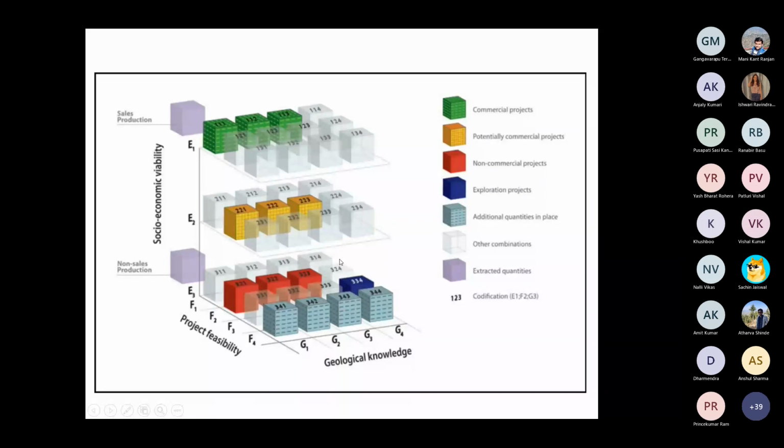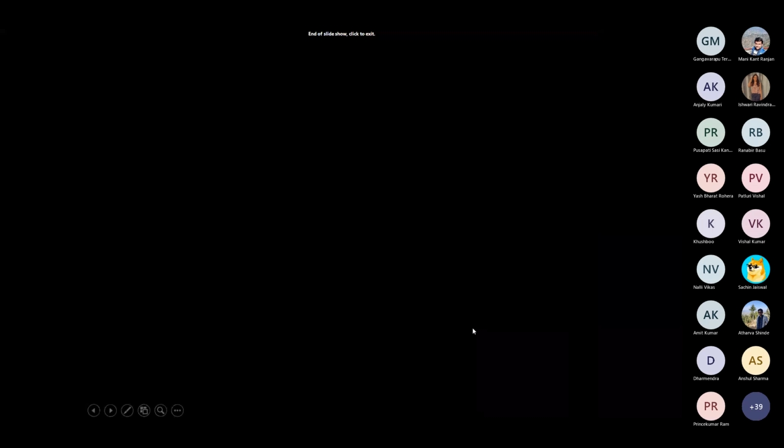There are people who can have other things, but in general we use 111 for the highest, 112, 113 grouped together is commercial projects. This orange colors, they are potentially commercial. That means it is possible that in near future we'll be having more information about it, and with some improved technology they can be made green. And as on today, these red blocks are non-commercial projects.